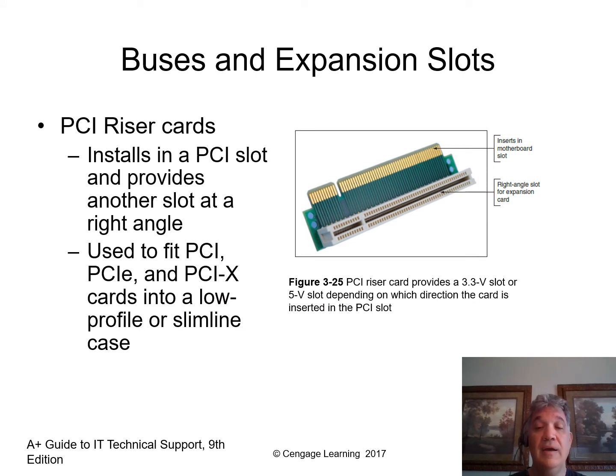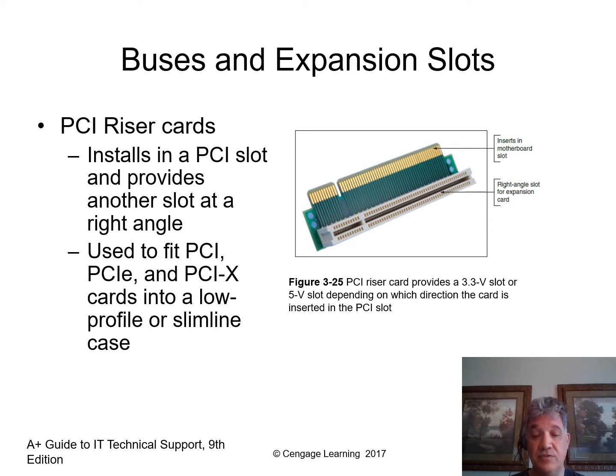So here is an example of a PCI riser card. A riser card would be used in a server or a very low profile PC where the chassis is short. For a 1U box, for example, that means you wouldn't have space to stand the card up in the chassis like you would with, say, a tower PC. So this riser allows you to install a standard PCI, PCIe, or PCI-X card in a low profile box.